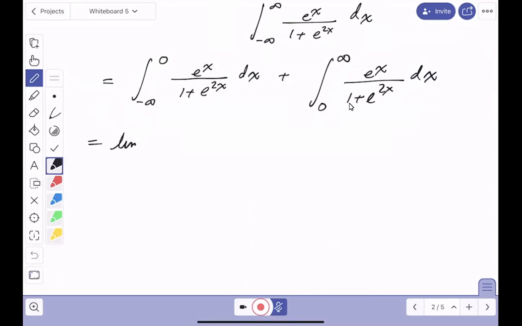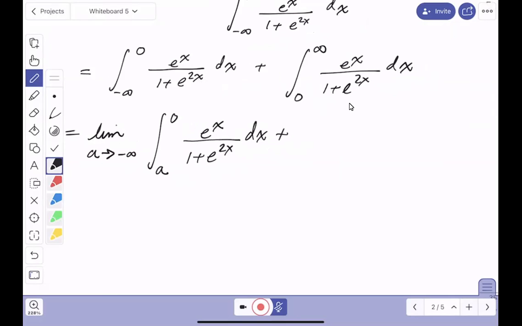Limit as a goes towards minus infinity, integral from a to 0, e to the x over 1 plus e to the 2x dx, plus, well, I'm going to use a different letter.